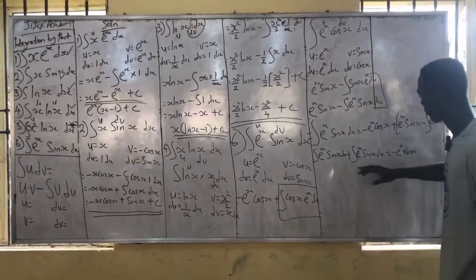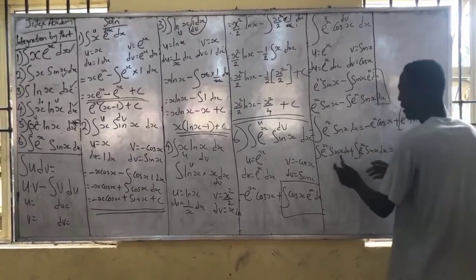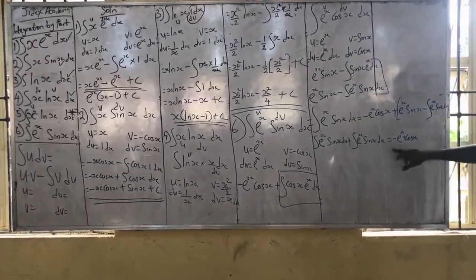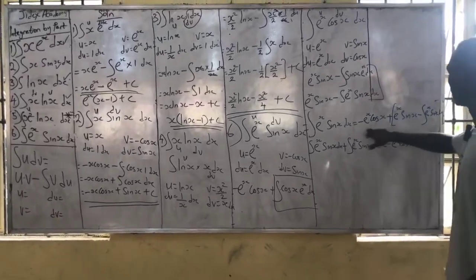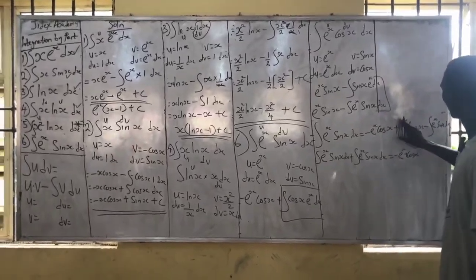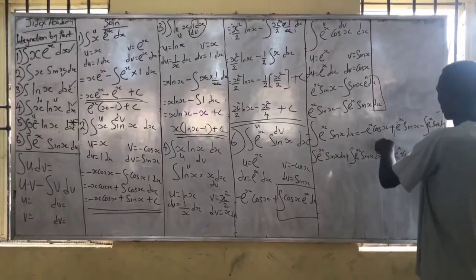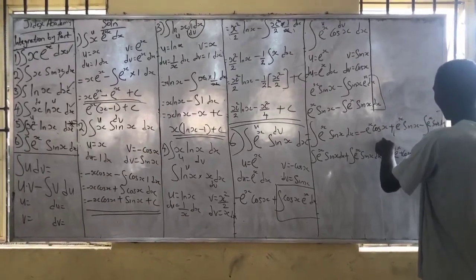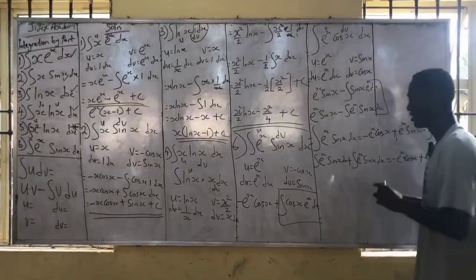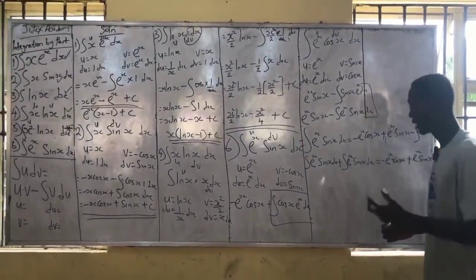Then I collected the like terms. When I collected like terms, because they are the same, it is like saying a plus a. This is it over here. Then you equate it to this back: e to the power of x cos x plus e to the power of x sine x. Now this is a, this is a, and a plus a is 2a, right?